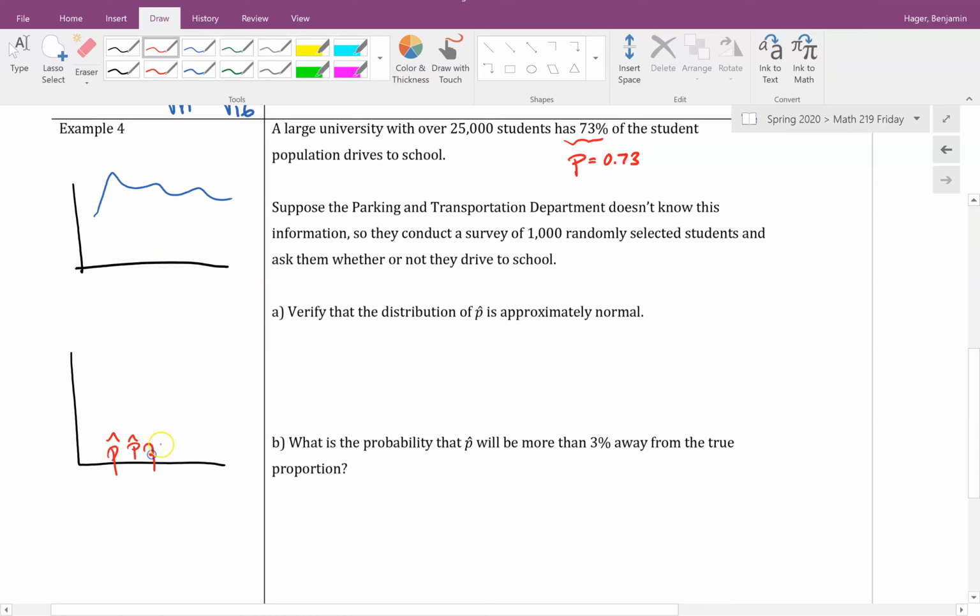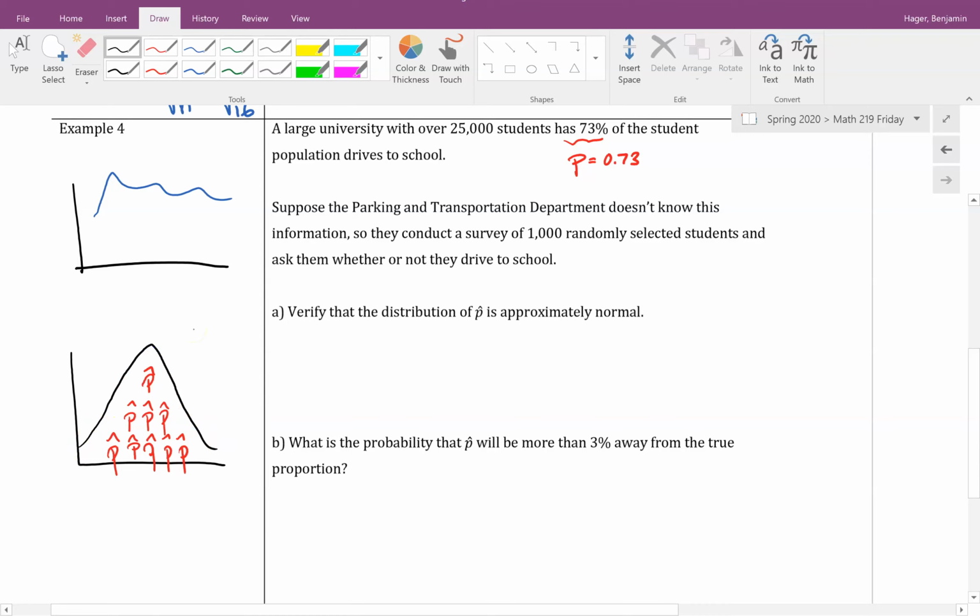They repeat and repeat, and they're probably going to ask us some probability about these sample proportions, like if you were to grab a group of this many people, what's the likelihood that we would expect this percentage to drive to school? Well, if you want to do probability, you got to know the shape of the distribution. And under the right conditions, we know this will be normal.